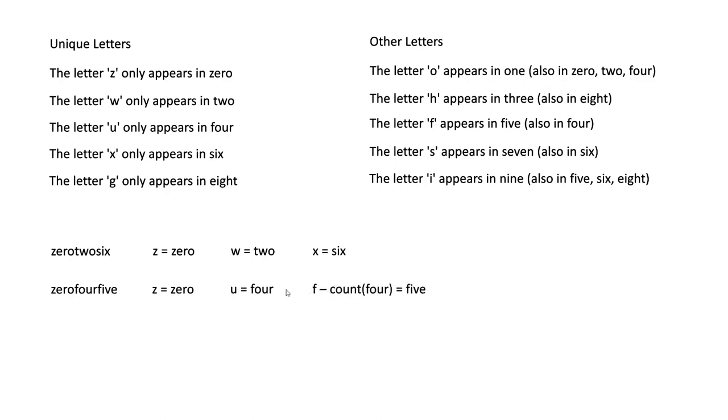But for 5, we have to subtract out the 4s. We have one U, so we automatically know there's a 4, so there's an F associated with that U, and we just subtract that count of 4s. If we still have an F left over, then that will be the 5.